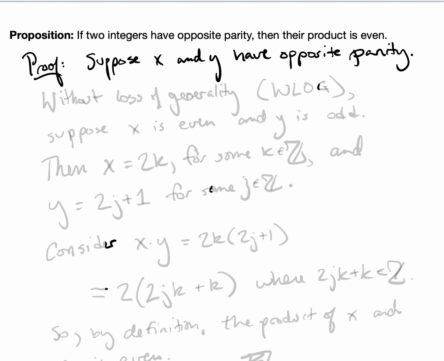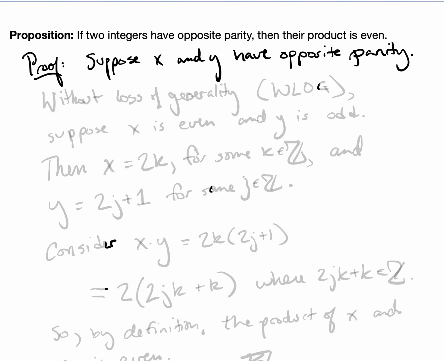Okay, so when you approach this above, it's possible that you did this in two cases. So case 1 might be x is even and y is odd, and case 2 might be x is odd and y is even. And if you did that, you probably realized that basically you did the exact same proof twice, that nothing was different aside from the labels of x and y.